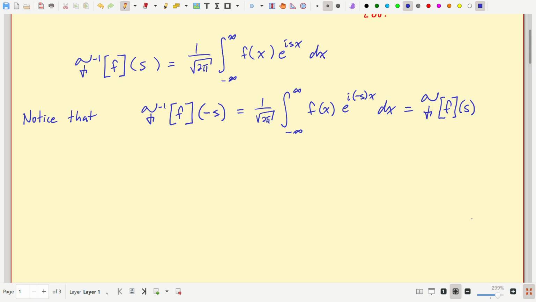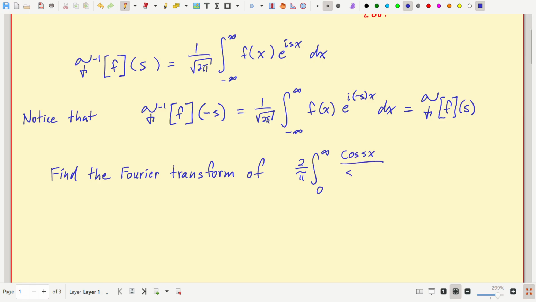Anyway, the problem in the homework is to find the Fourier transform of, I think it's 2 over pi, integral from 0 to infinity, which is weird, of cosine sx over s squared plus 1 dx.